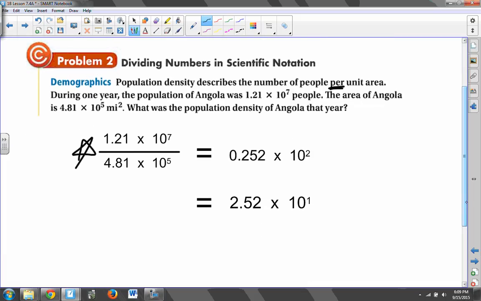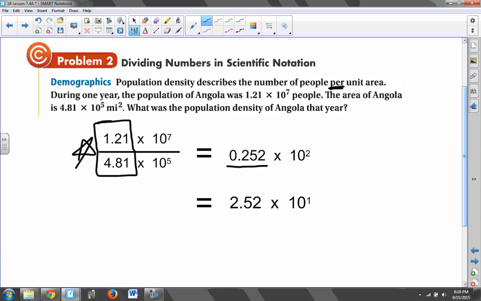All right? Now, 2 different things we need to do here. One is just do this division. 1.21 divided by 4.81. If you do that on a calculator, you should get 0.252. All right? The other thing we need to deal with is these 10s to some power.